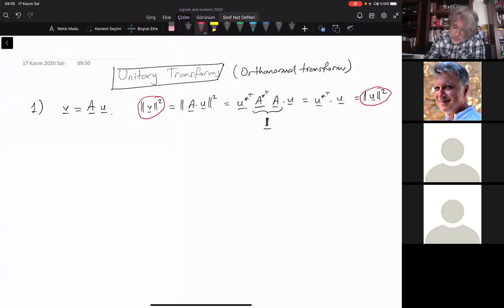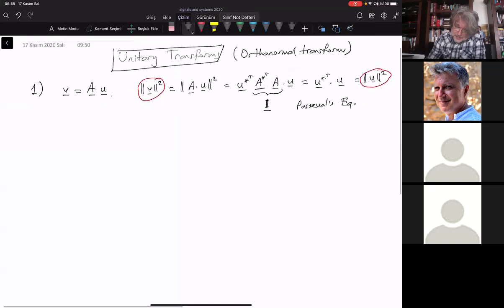This one is also known in Fourier transform, from signals and systems, you may remember, to be called the Parseval's equation. We know that the total energy in Fourier domain is the same as the total energy in time domain. This is the reason for that.